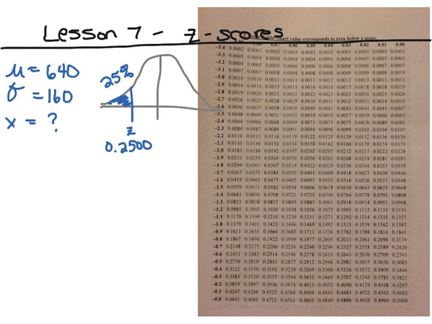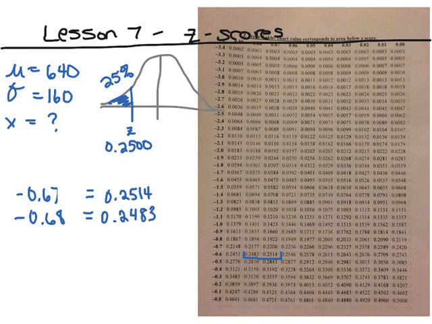So the closest that I can find is right here. So it's not exact. So at -0.67, you have 0.2514. And at -0.68, you have 0.2483.